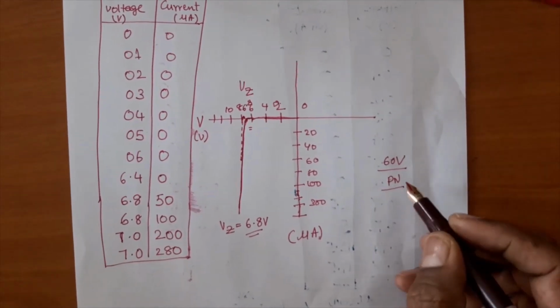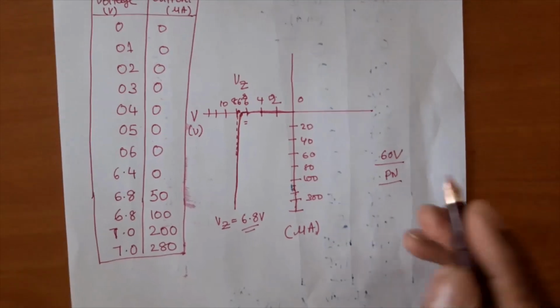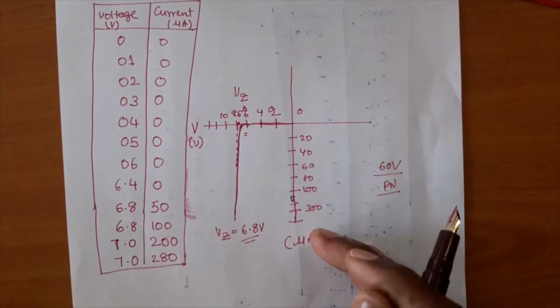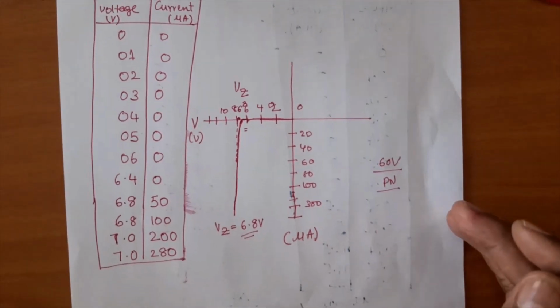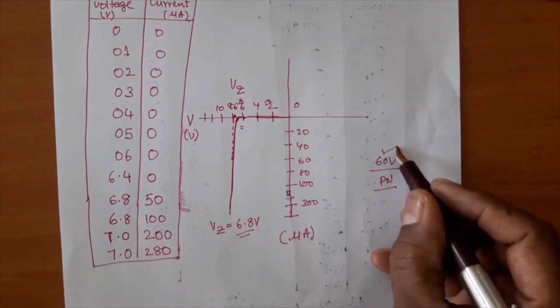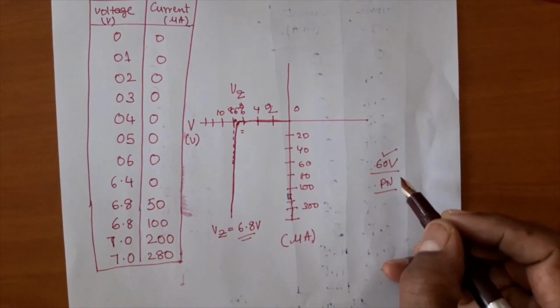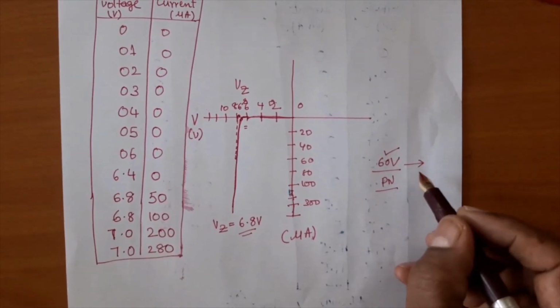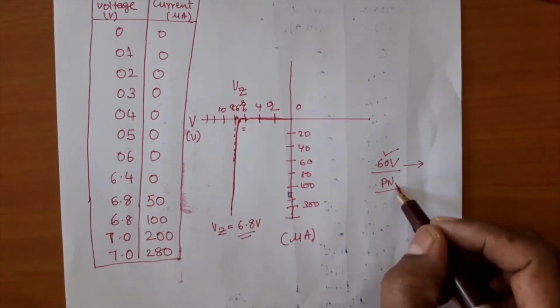That means it will not work further and it is completely spoiled. So you should not use an ordinary junction diode in the breakdown region, even though it has a breakdown. This breakdown is completely burning of the diode, and it is not a reversible process in a PN junction diode.